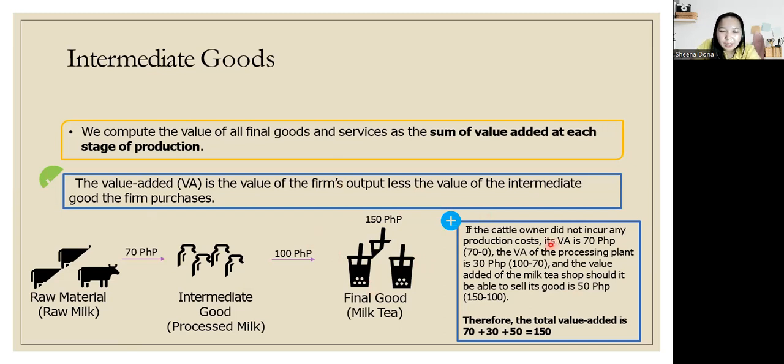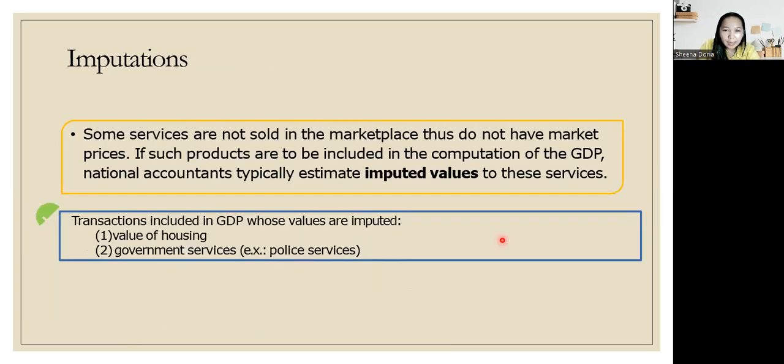So, ibig sabihin, dito sa stage na to, nadagdagan ng 30, dito sa stage na to, nadagdagan ng 50. So, ang ating total value added is 70 plus 30 plus 50. Hindi siya 70 plus 100 plus 150.